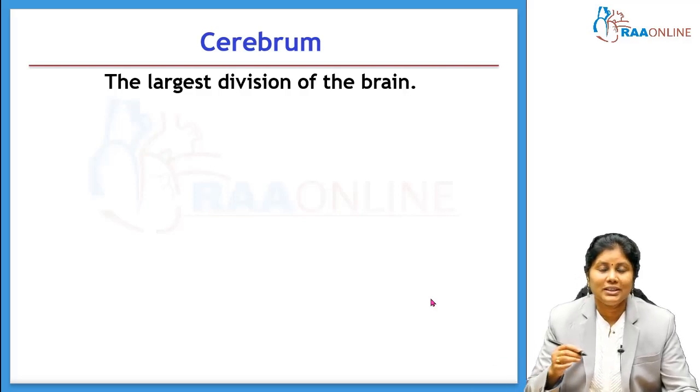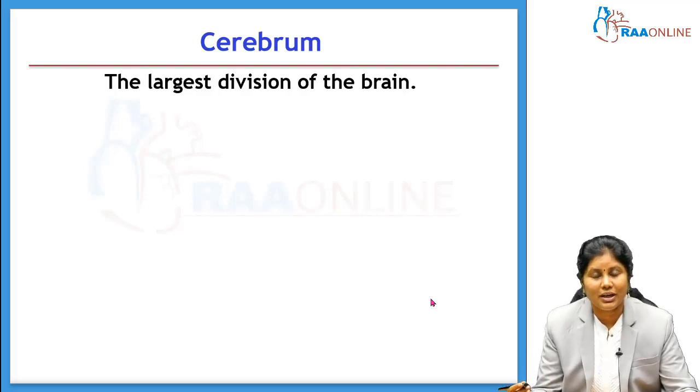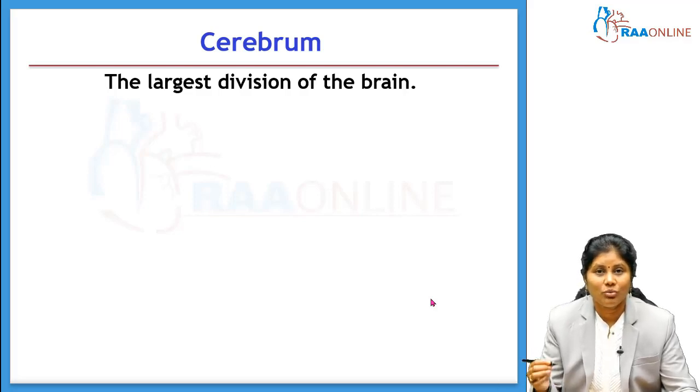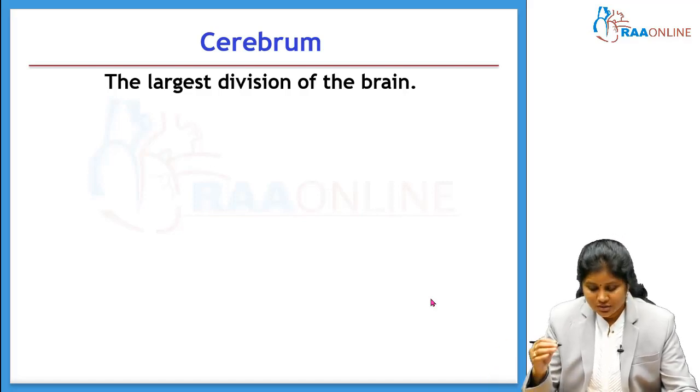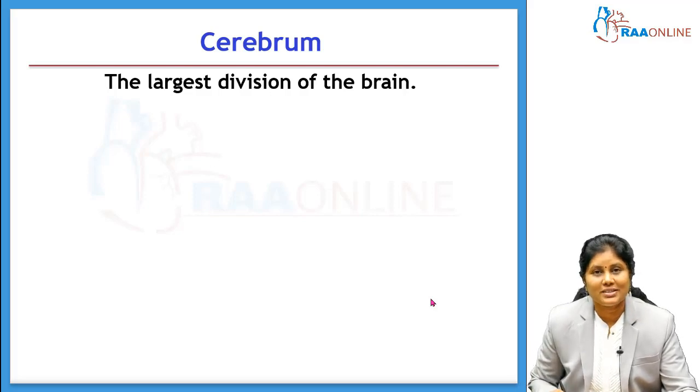So it is the increase in neurons that has given us the important higher mental functions and the way humans stand distinct among all other living organisms on this earth. So let us see about the cerebral cortex, the different neurons present and how these connect with each other. That is going to be our session today.